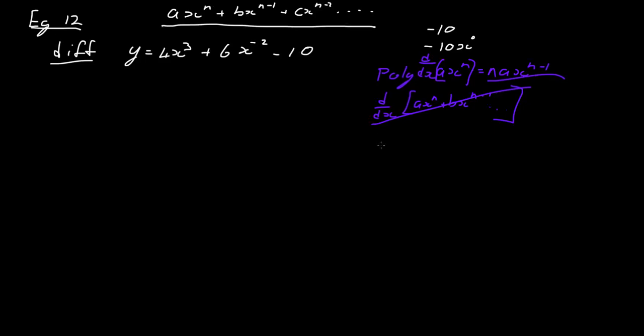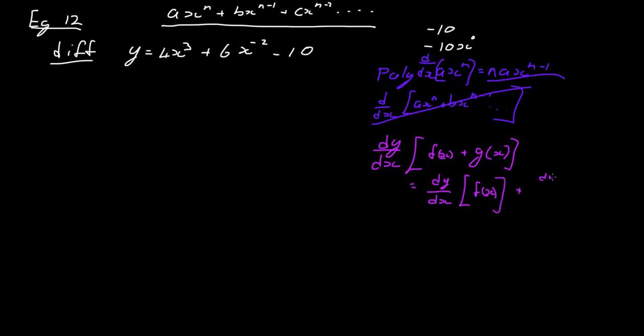So the property that we're going to use here is just a property that you need to know: d by dx, the derivative of a function plus another function is equal to the derivative of a function plus the derivative of another function.